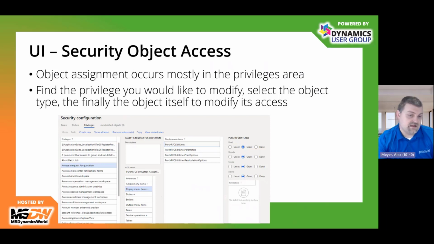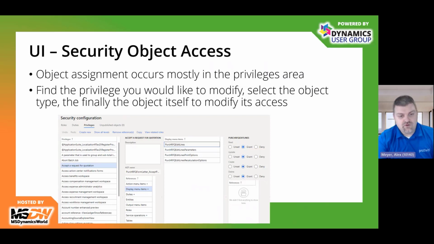We can then see in the next area over all of the different menu items that are assigned to this privilege, those 4 different menu items there. And then in the far right side, we can actually see the access that the particular object is assigned, right? The read, update, create, and delete permissions that exist here.